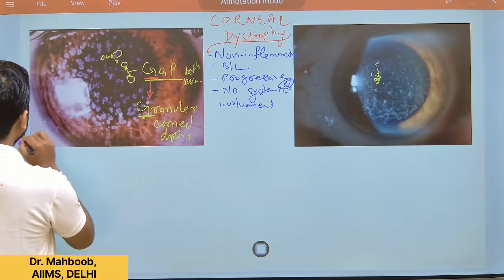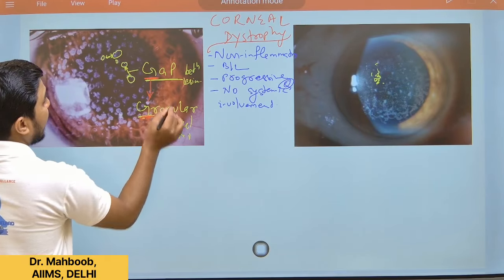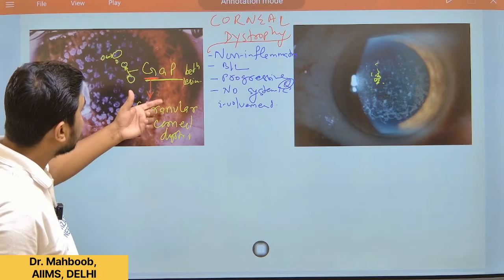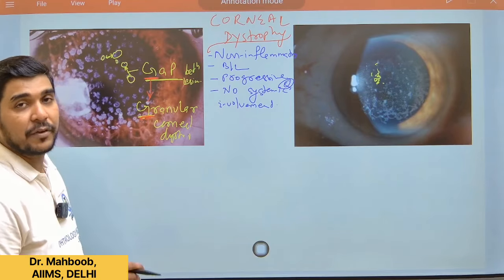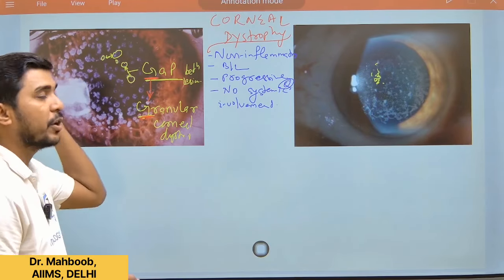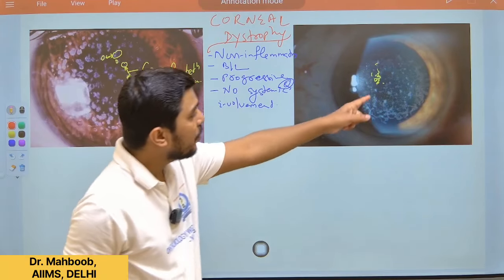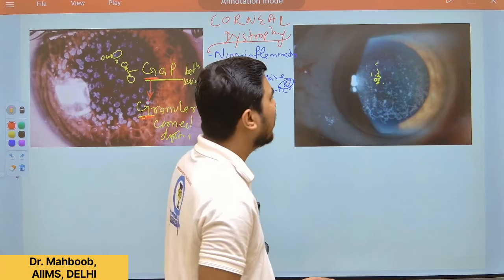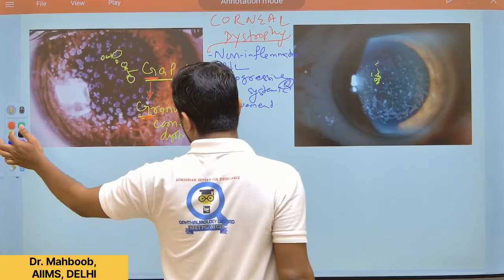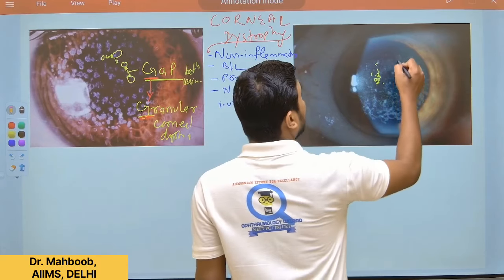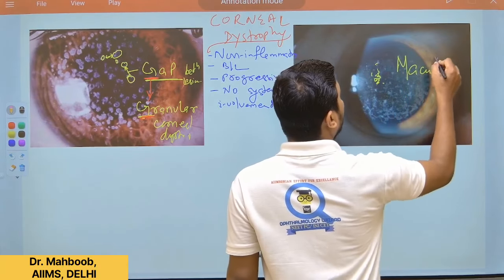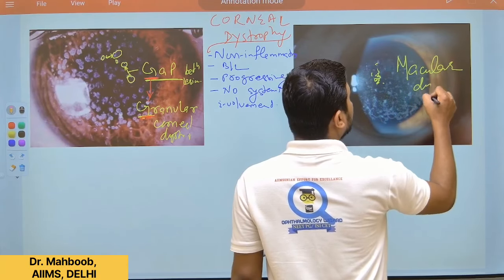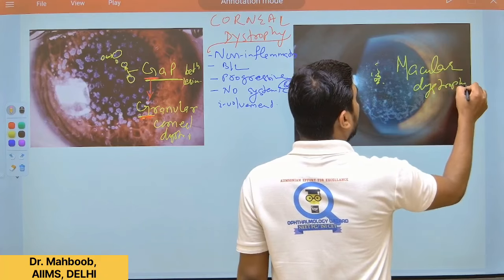If there is a gap between the lesions, then it's granular dystrophy. How to remember? G for gap, G for granular. And the other one, no gap, no discrete lesion, go for macular dystrophy. Understood?